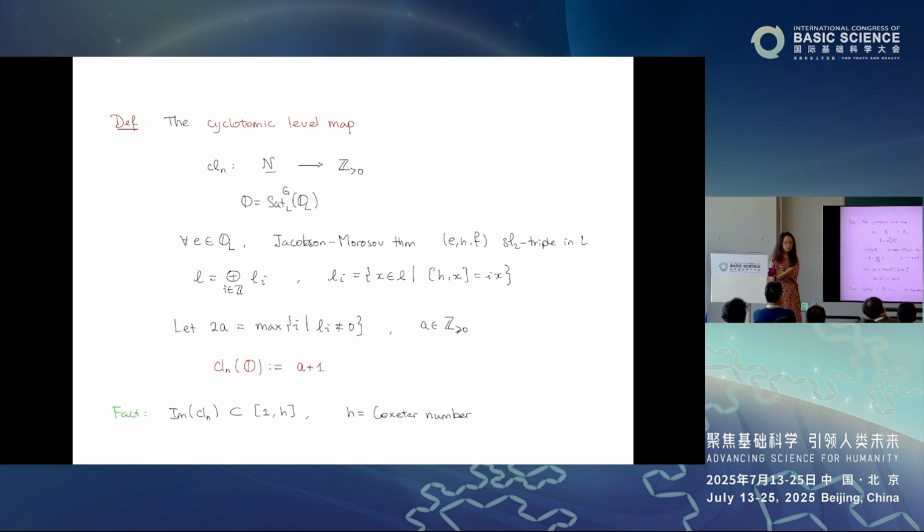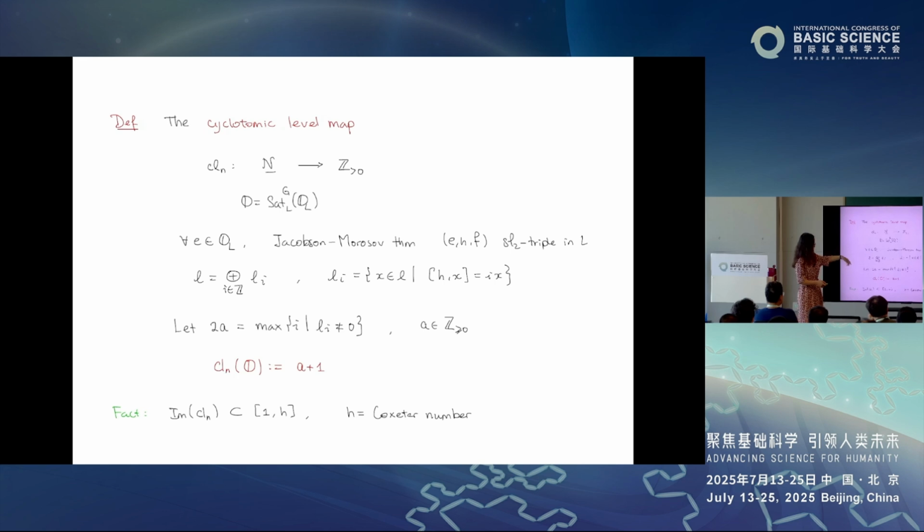If you consider the adjoint action of H on the Lie algebra of L, it gives a weight decomposition where L_i is the set of elements where [H, x] equals i times x. So you get some integers here, and these are the weights for this SL2 action.